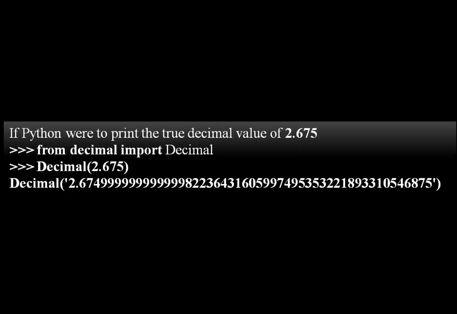The module is small d, decimal, and the method is capital D, Decimal. So when you say Decimal of 2.675, you get to see the exact value, how it is stored in the computer system. You can see 53 or 52 numbers after the decimal point.